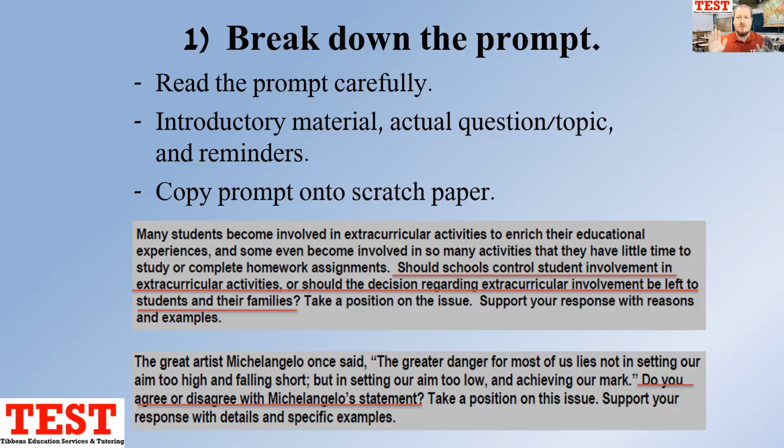They tell you to take a position. So you either want students and families to choose, or you want the school to control it, and you're going to pick one or the other. Then support your response with reasons, which are topics for your body paragraphs, and then specific examples. That means I have to have concrete evidence, not "if a person did a thing."